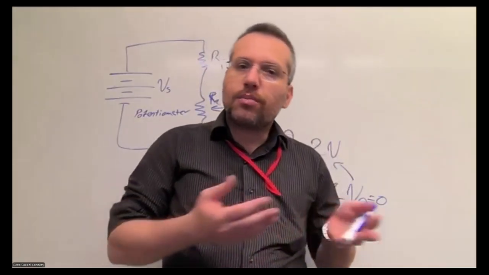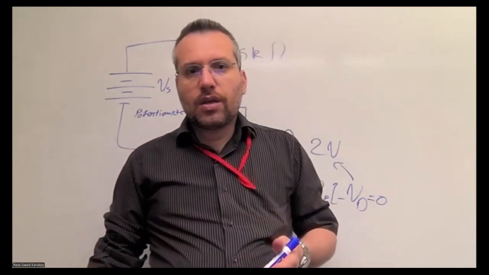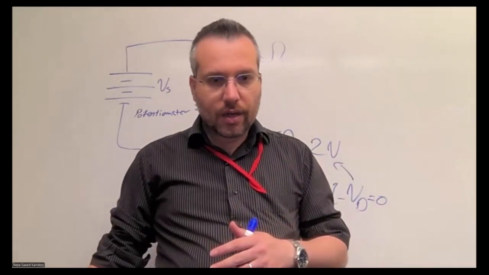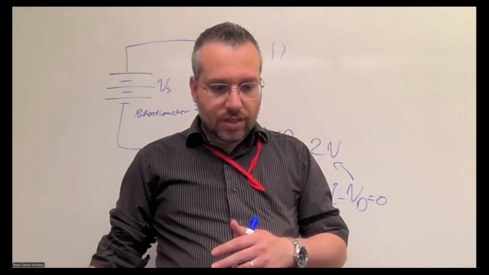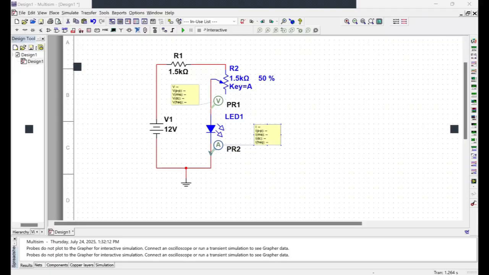After that, we are going to build it on a breadboard and observe the brightness of the LED at different resistances. Let's go over the simulation of the circuit that we described in the previous part.